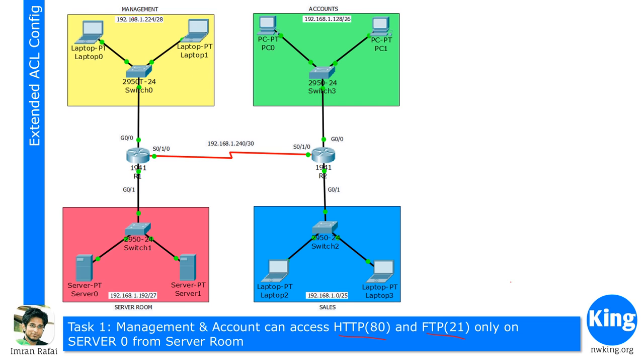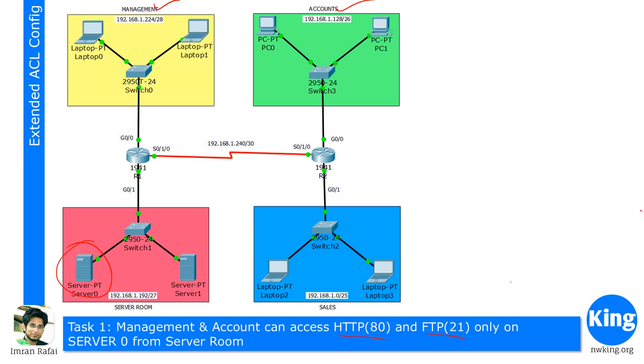That means this whole management network can access server 0, and this whole accounts network can access server 0, but not all traffic, only port 80 traffic and port 21 traffic. That means port 80 and port 21 are the only traffic that should go through. All the other traffic, if they want to do SSH, for instance, should get blocked. Only FTP and HTTP should be allowed to pass through, right?